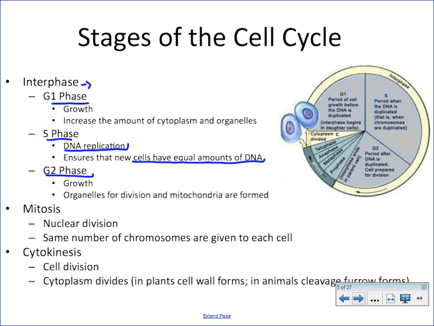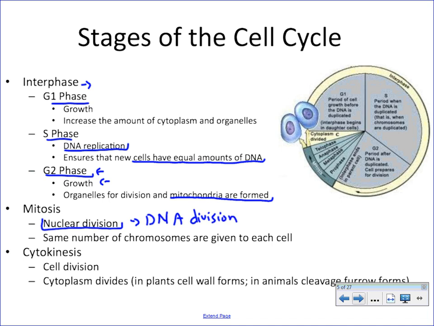Once the DNA has been replicated, the cell can then enter into the G2 phase, which is additional growth and more preparing organelles for division, and more mitochondria get formed as well. Once the cell has grown some more, it is ready to enter into mitosis. Mitosis is the nuclear division, or DNA division.